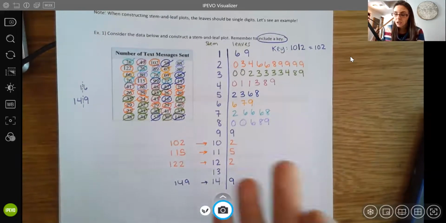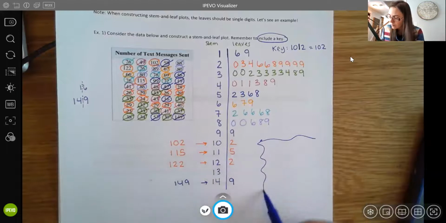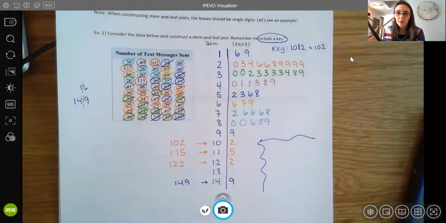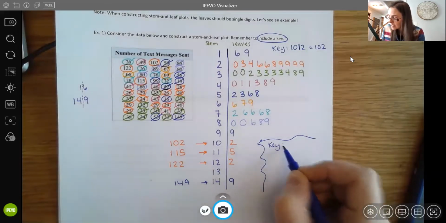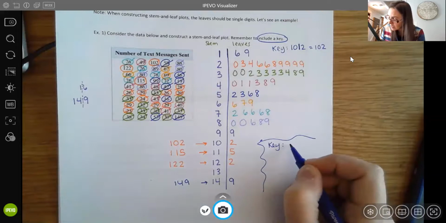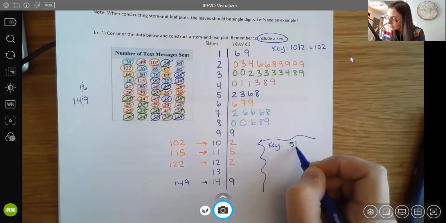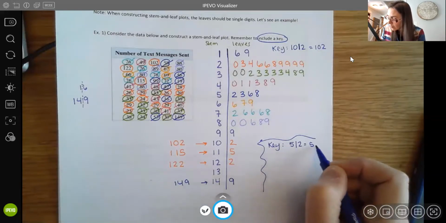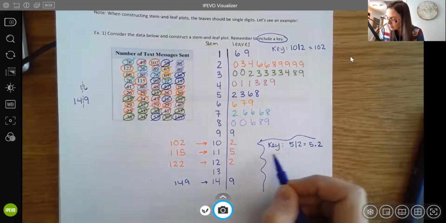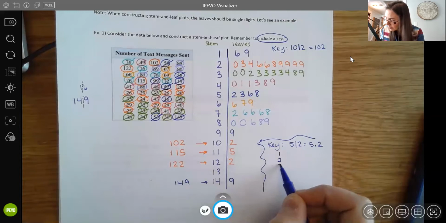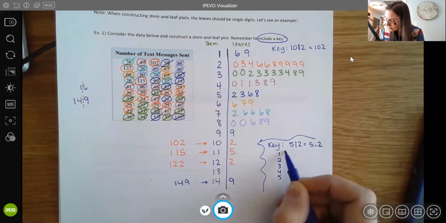You do see the occasional problem though. We don't always have to have whole numbers. We can have decimals and fractions and things like that. So you may see a key that says something different. Maybe it says something like this: 5 line 2 equals 5.2, right? So if you have your stem and leaves, I'm just going to do a couple here as an example.